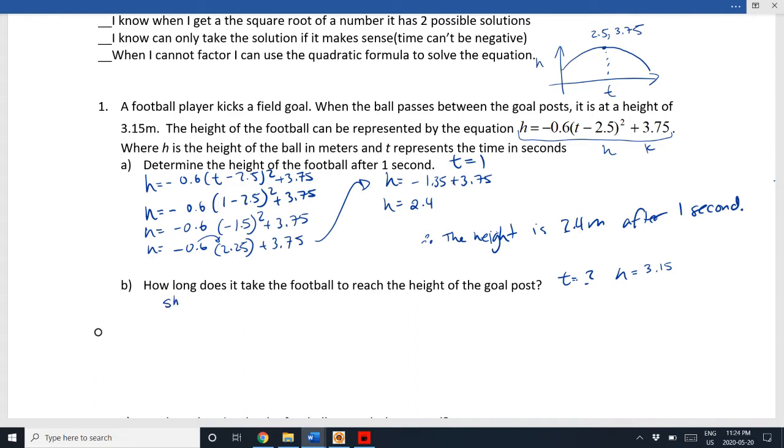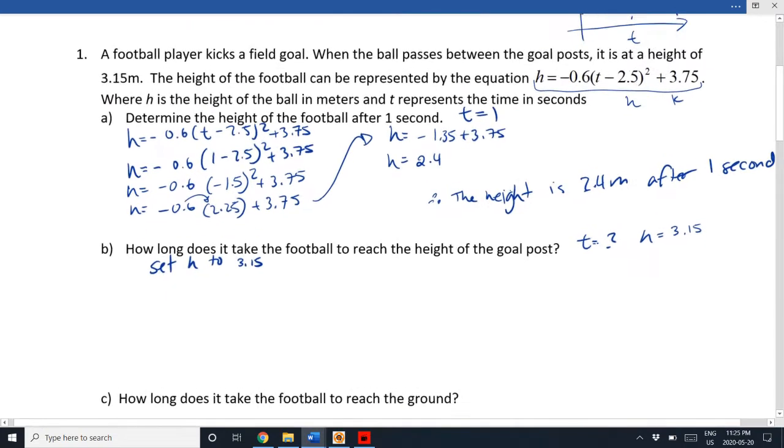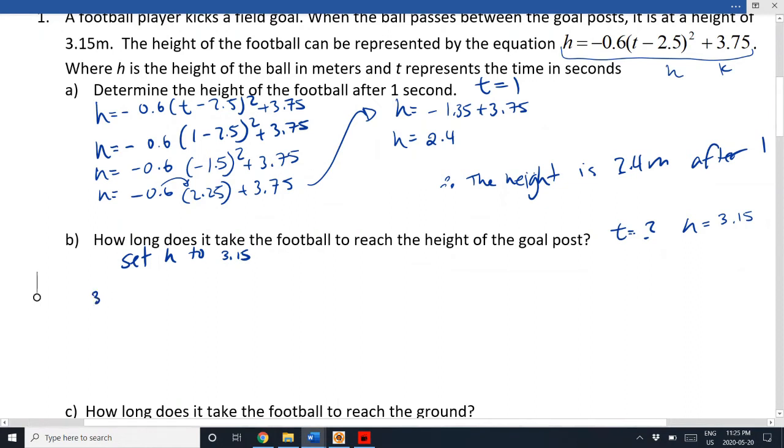We're going to set h to 3.15, and so let's write that in. Let me zoom in a little bit. So we have 3.15 is equal to negative 0.6 (t minus 2.5) squared plus 3.75. Okay, so the first thing we're going to do is get rid of this 3.75 on this side, and bring it to the other side over here.